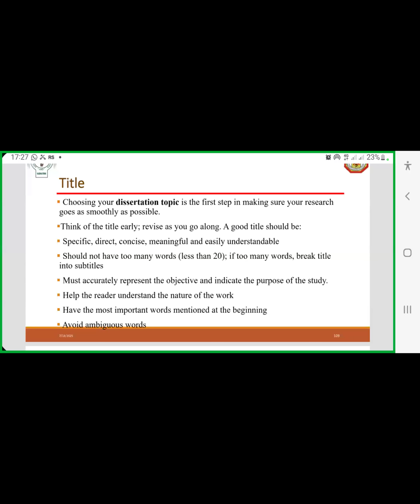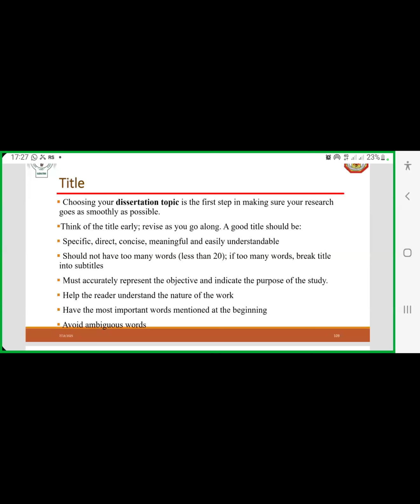Then if you think practice is the most important, you can say practice, knowledge, and attitude. So that is how a good title should be written. If you have different words, then use the most important words first before the subsequent ones.